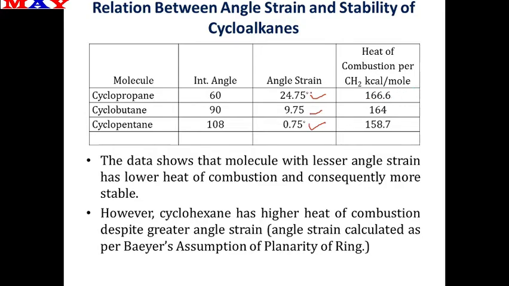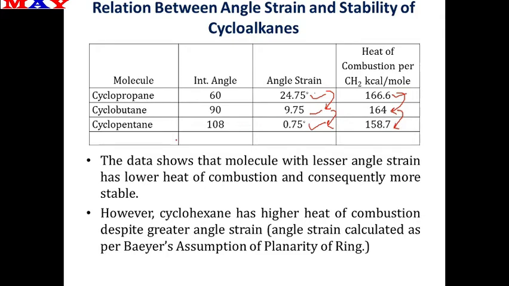As you see, angle strain is 24.75, and accordingly the heat of combustion is 166.6. Angle strain is decreasing down, and so is the heat of combustion. The angle strain further decreases down, and here the heat of combustion also decreases.